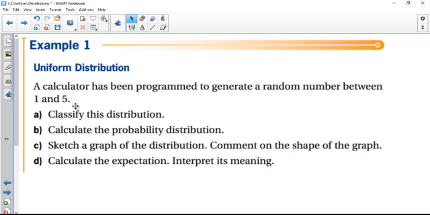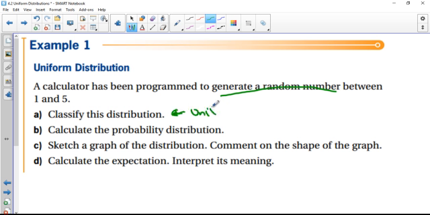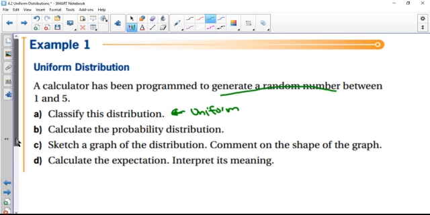So, a calculator has been programmed to generate a random number between 1 and 5. Classify this distribution. Well, since it's a random number between 1 and 5, that means this is going to be uniform. Every number has an equal likely chance of getting drawn. Calculate the probability distribution.